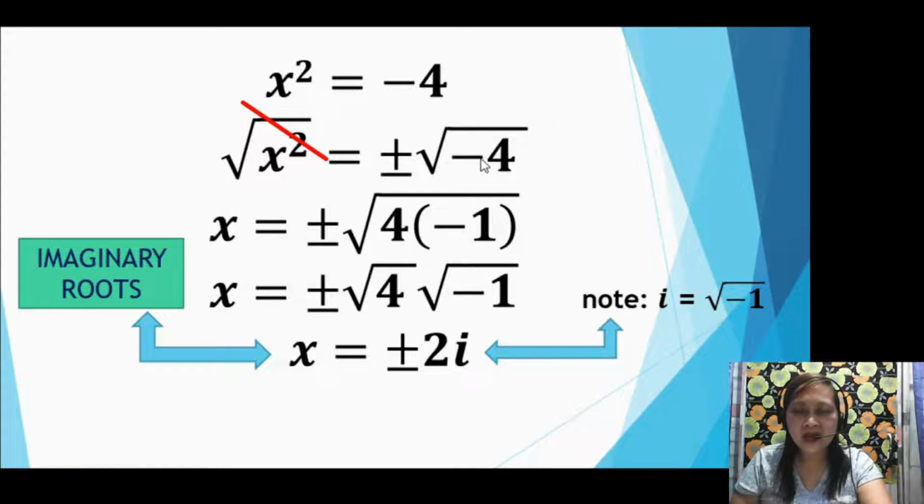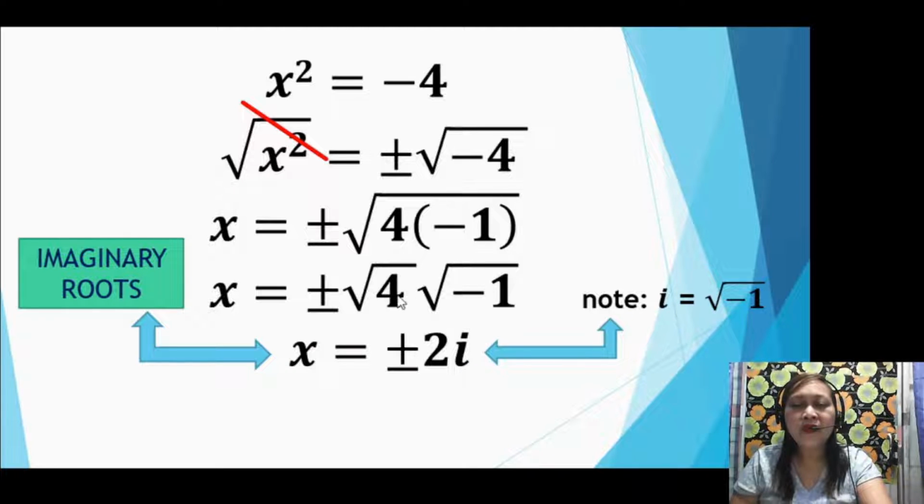As you can see, our 4 here is negative. So we will factor the negative 4. Since we know that 4 is a perfect square, we can factor it as 4 and negative 1, because 4 times negative 1 is negative 4.